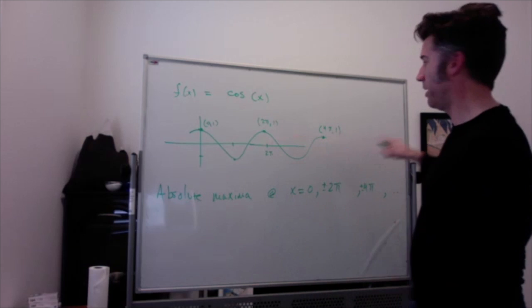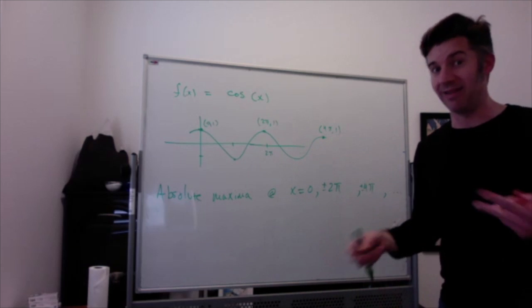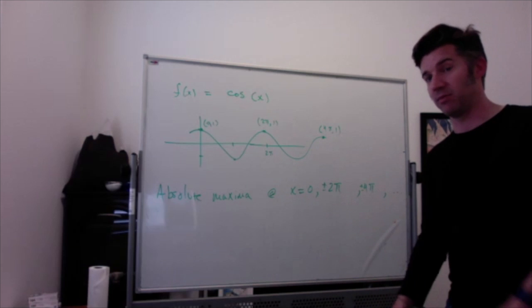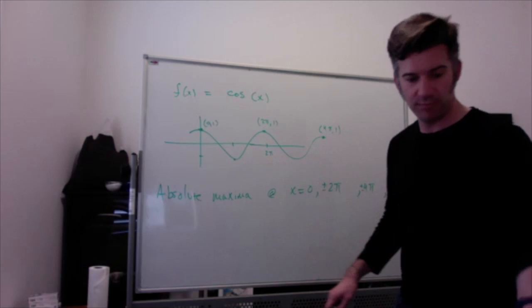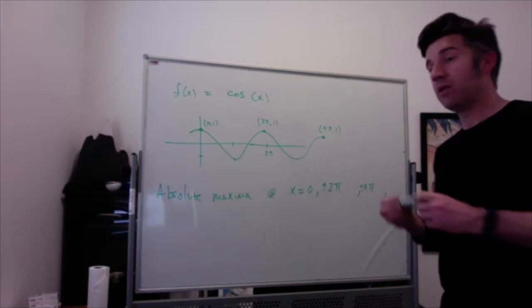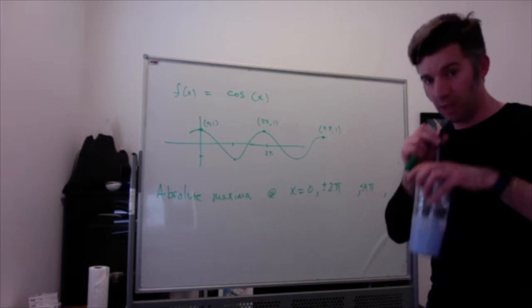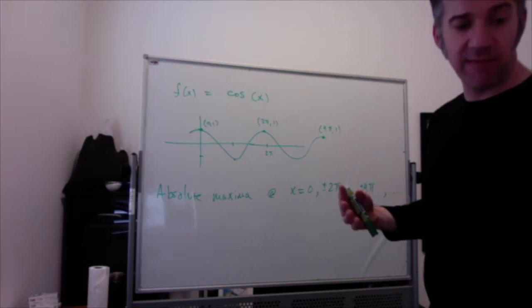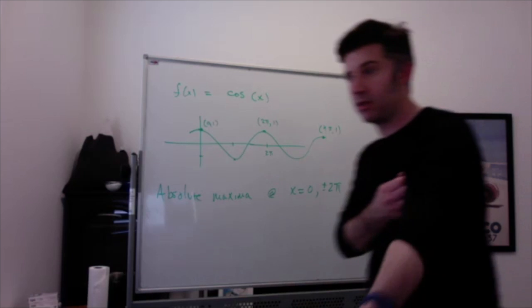So a function can actually have a literal infinite number of absolute maximums, and also an infinite number of absolute minimums. Kind of neat. Not that important, but it is important to know that when you are asked to find where the absolute maxima or minima are, there can in fact be more than one answer to that question.